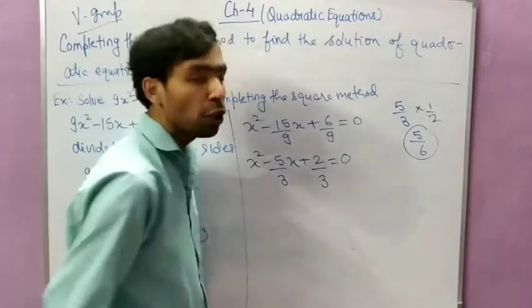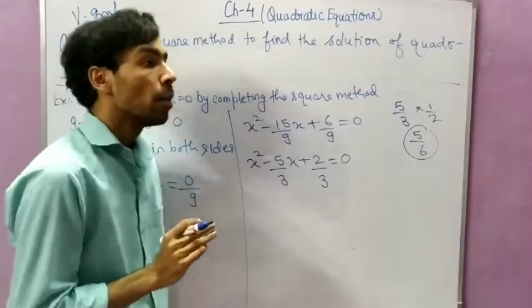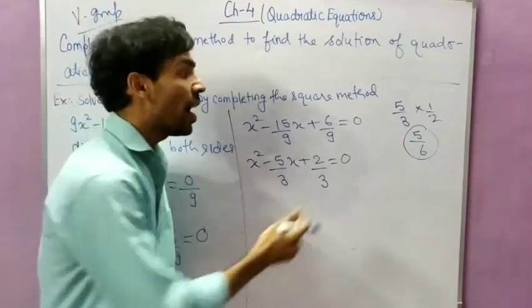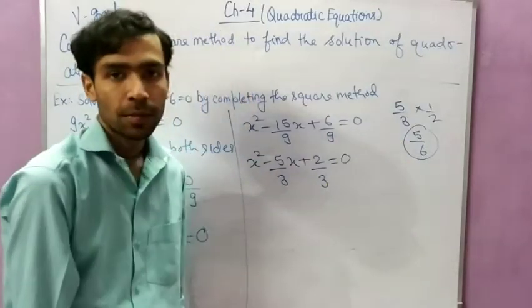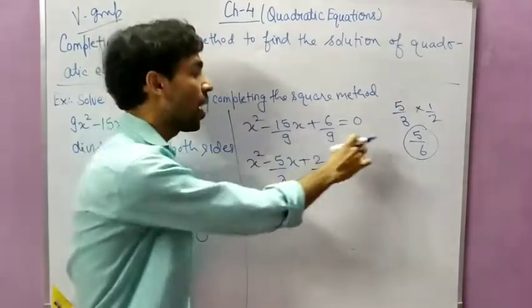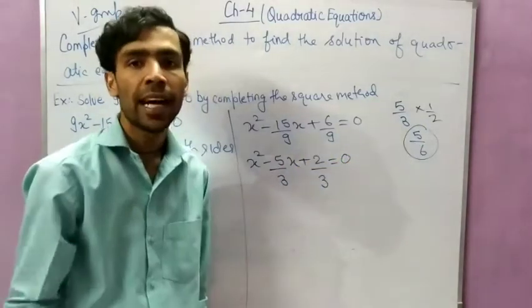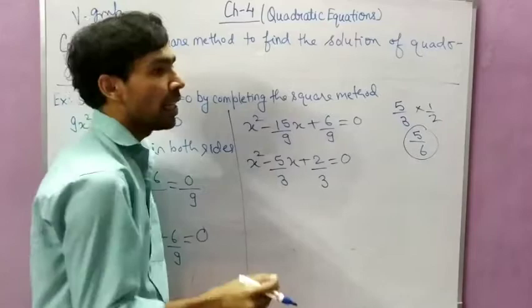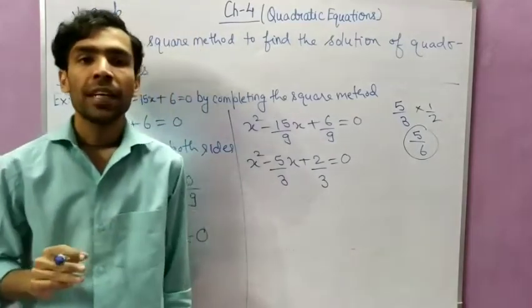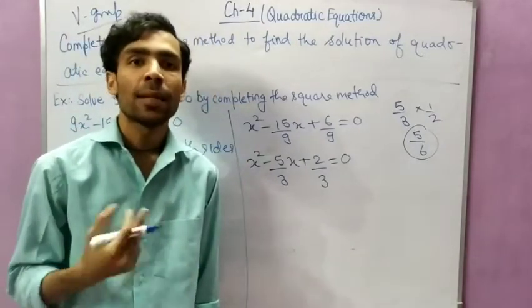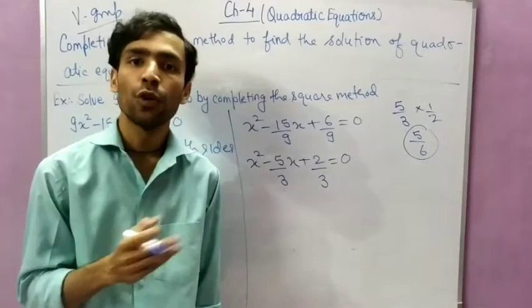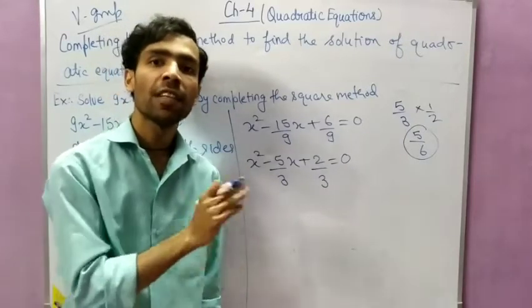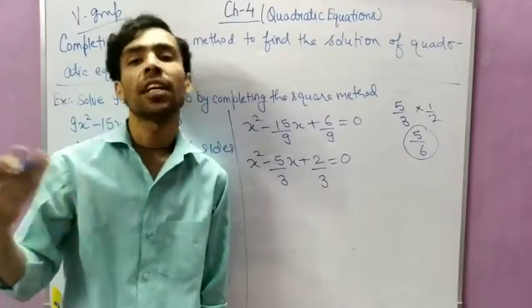So on both sides, what do you do? You will add the square of 5 by 6 on both sides. Because you know, in an equation we can add or subtract anything on both sides. If you add 5 on one side, you add 5 on the other side also.